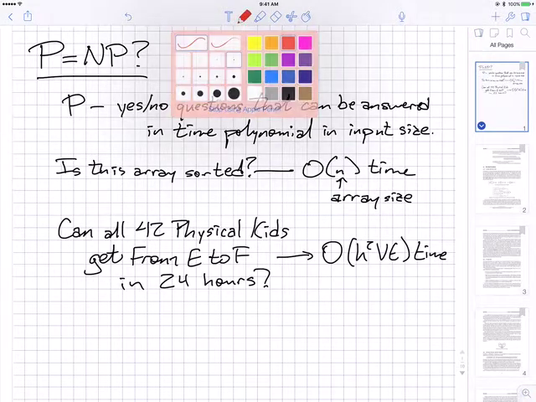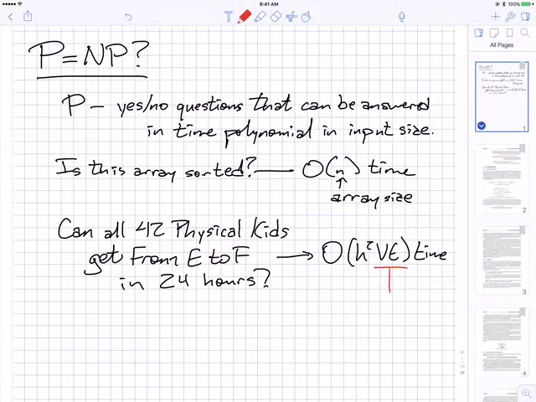So you can imagine that the graph is given, say, as an adjacency list. And here, this is h. This is a constant. So really, the h can vanish from the big O notation in that case. And then it's not too hard to see that this is at most the square of the number of bits you need to write down to describe the graph. Okay, so this is polynomial.